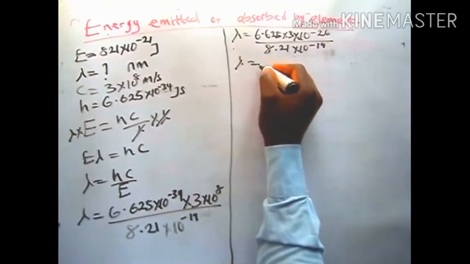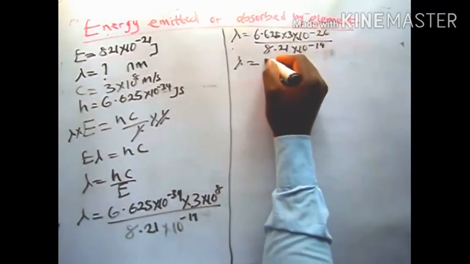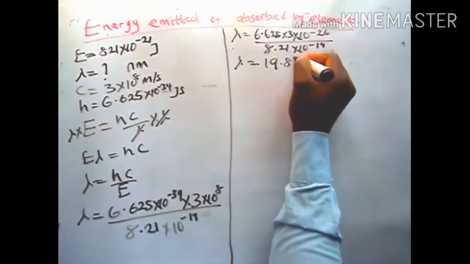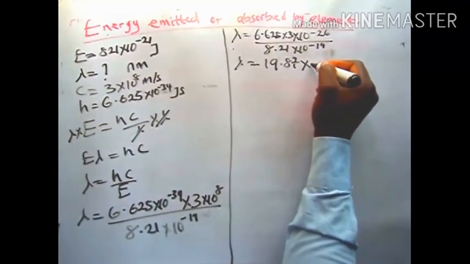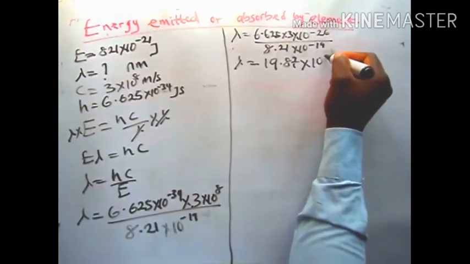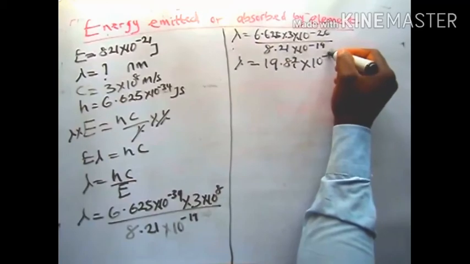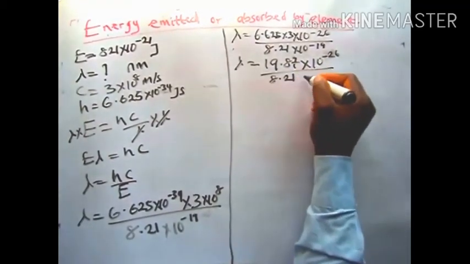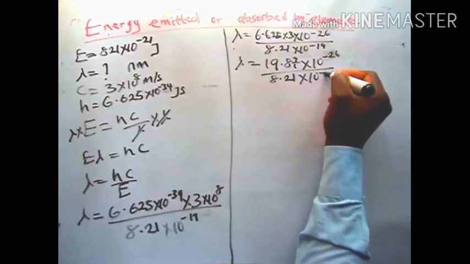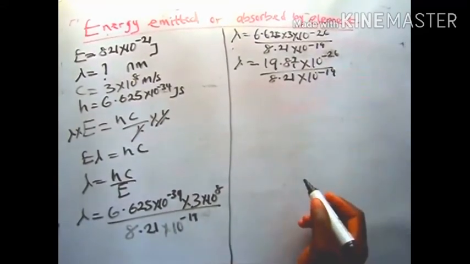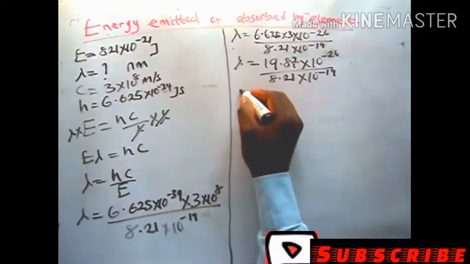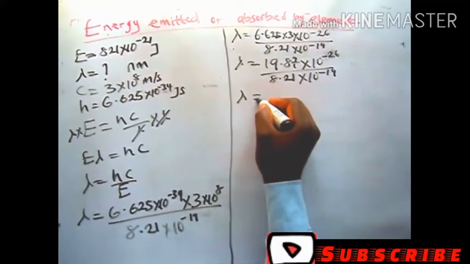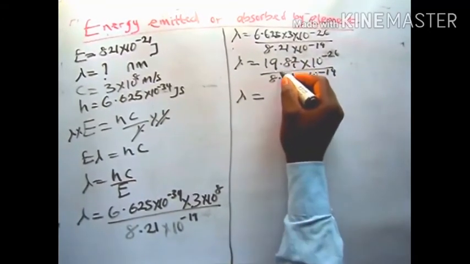Now lambda equals, when you multiply this, we get 19.87, right? Then this multiplied by this divided by 8.21. I'm just going to do it step by step so you're going to understand very well. So lambda is this divided by this.